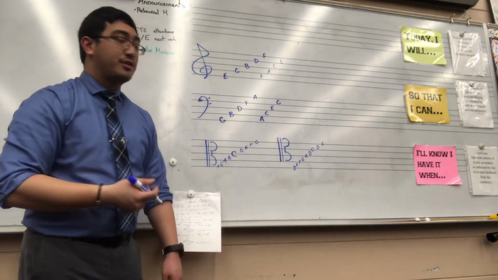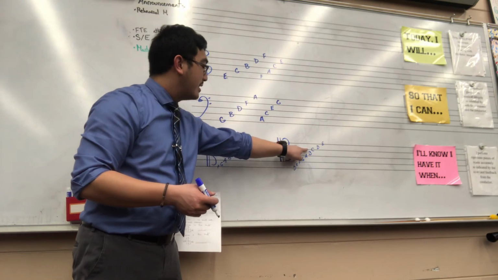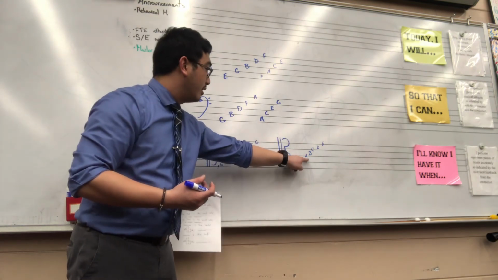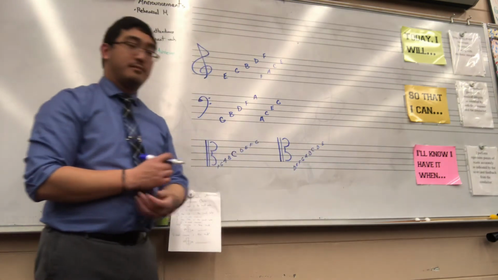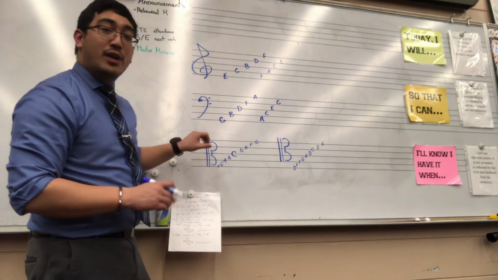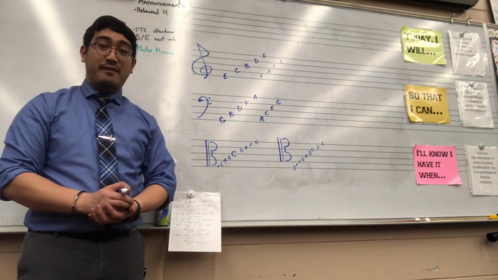Your line notes for the tenor clef are D, F, A, C, E, while your space notes are E, G, B, D. For the tenor clef and the alto clef, for any C-based clef, find the center of the clef.